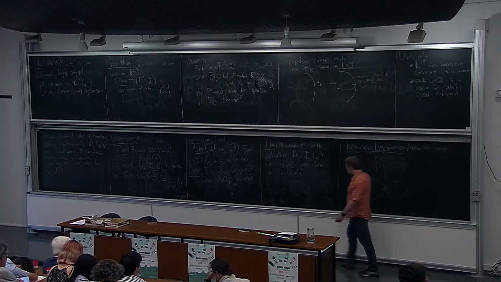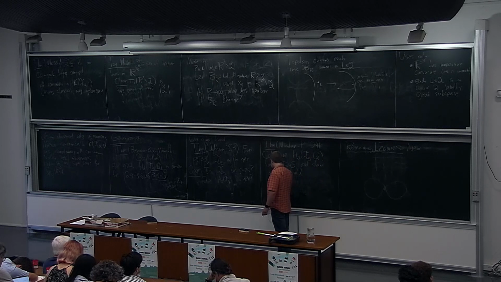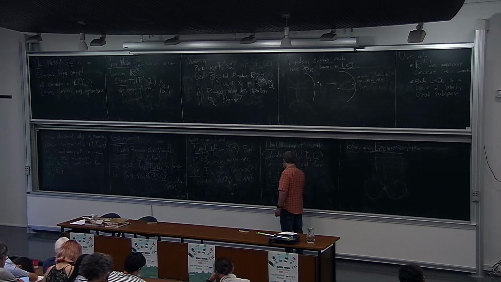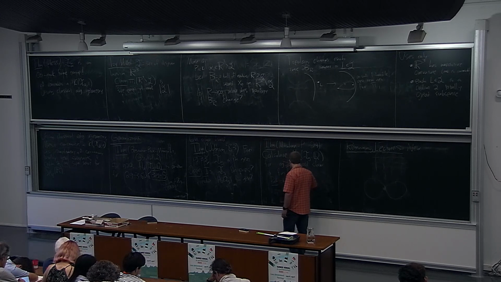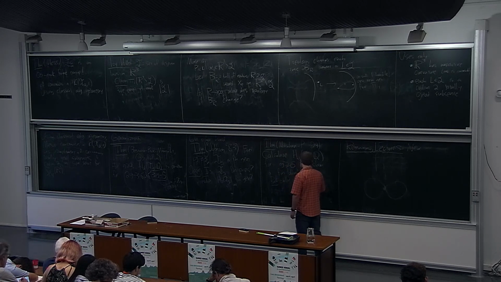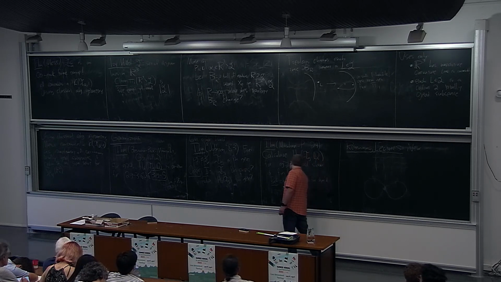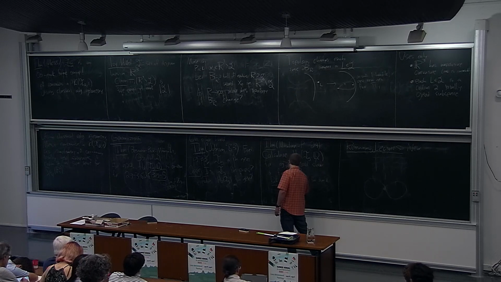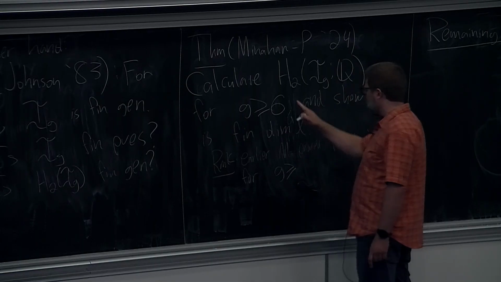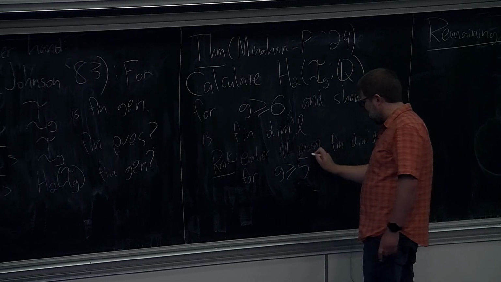Oh, I should say, remark. Earlier, Minahan proved that H2 is finite dimensional for g greater than or equal to, what's the number? It's exactly the number you expect, 51.